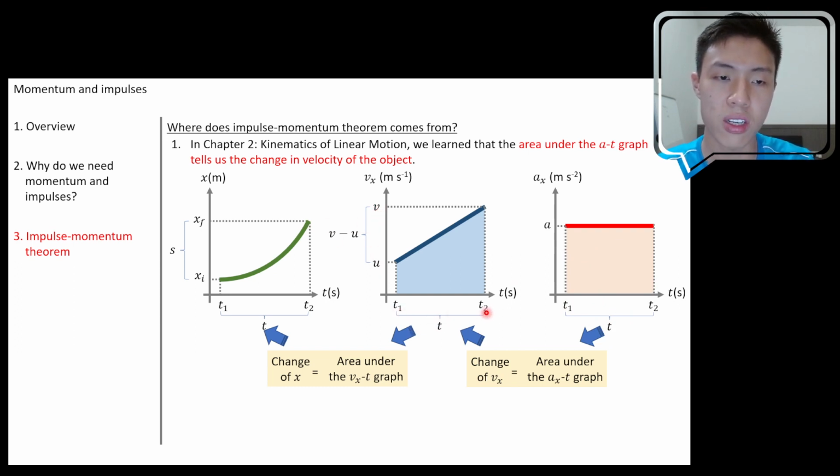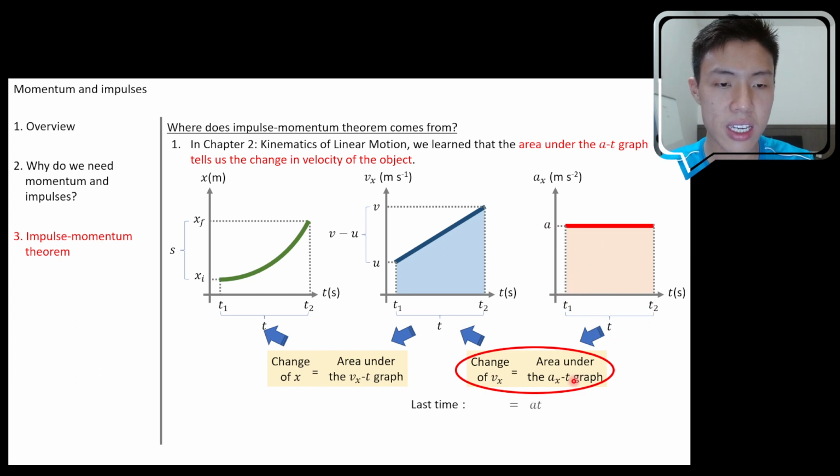Since it's a rectangle, you get the area by taking a multiplied by the width t. The area is at, whereas the change in velocity is just final v minus initial u. If you move this equation around, this is how we get v equals u plus at.